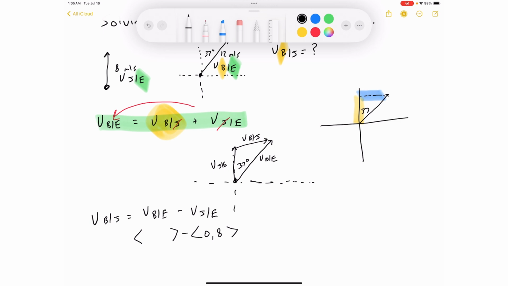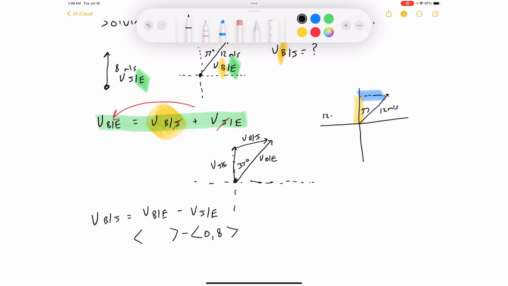These are the components of this vector, which is 12 meters per second. So how do I get the up and down, or the vertical? Well, that's 12 meters per second times, and 37 is on the inside, so that's the angle, and I want what is adjacent next to it.